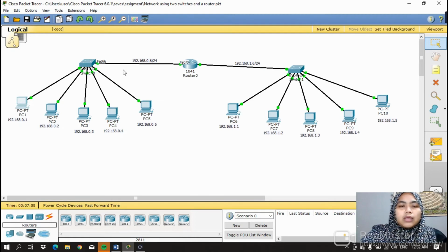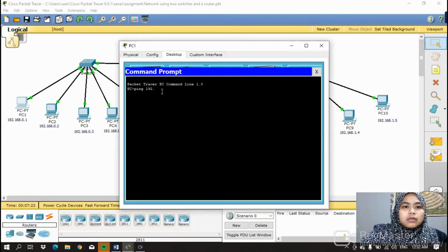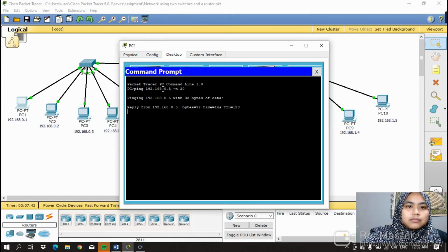Okay, we'll continue with step 6, which is from PC1 ping PC5 by sending 20 echo requests. First step, put the IP address of PC5, which is 192.168.0.5 -n 20.